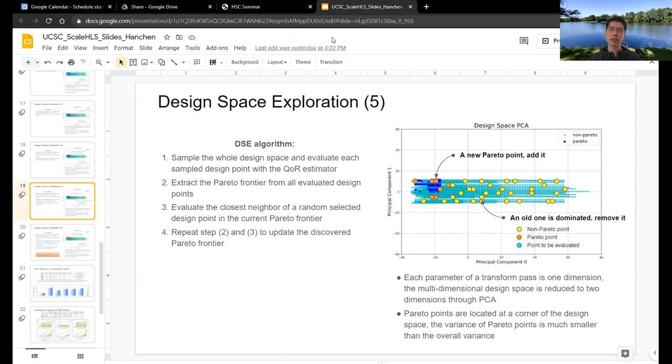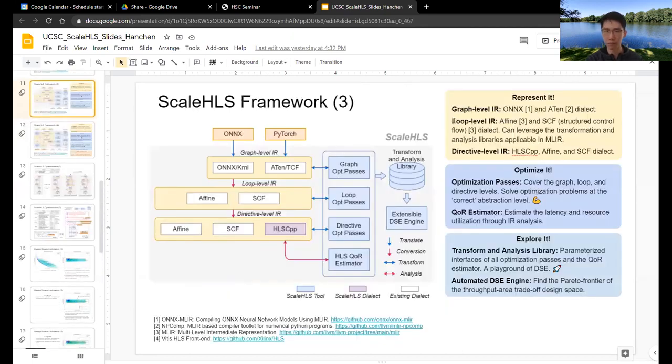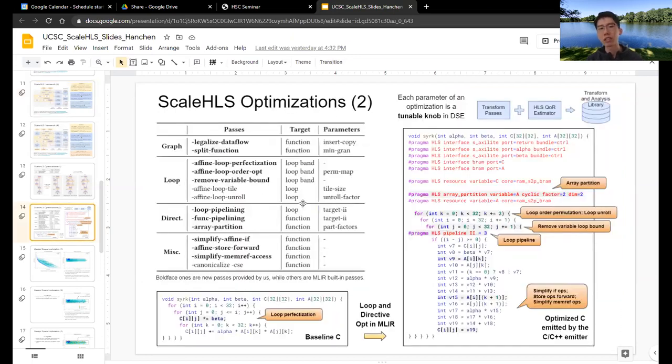For now, we are basically focusing on using the official built-in dialects, which are Affine and SCF in MLIR, to represent the loop level IR. And it works well because MLIR already provides a large set of optimization, transformation, and analysis libraries to facilitate all of the optimizations that are happening in ScaleHLS. So that's the reason why we chose to use Affine and SCF.